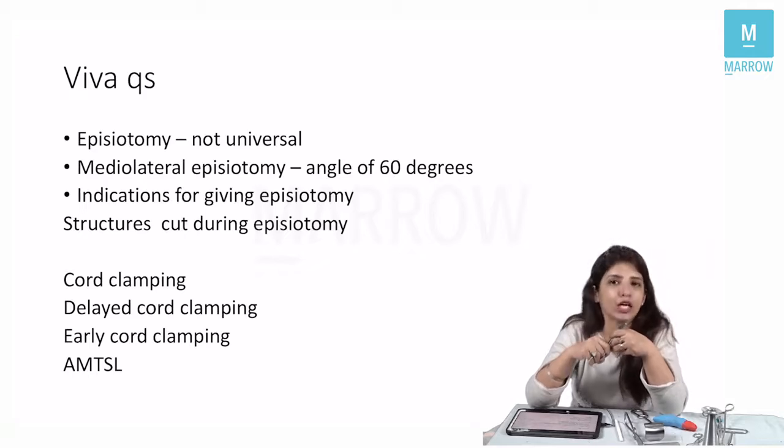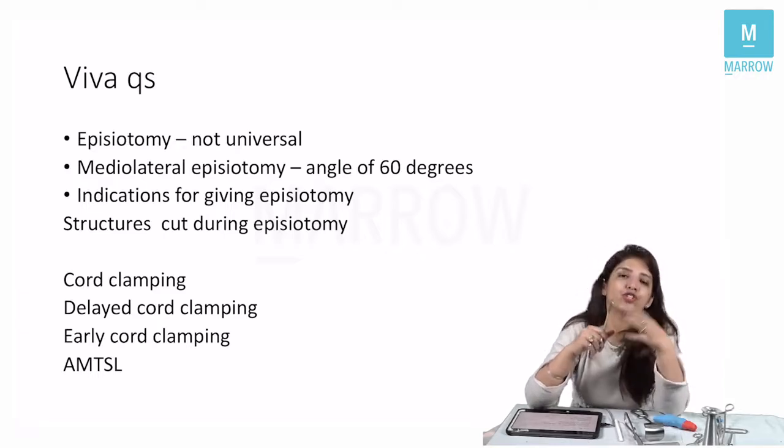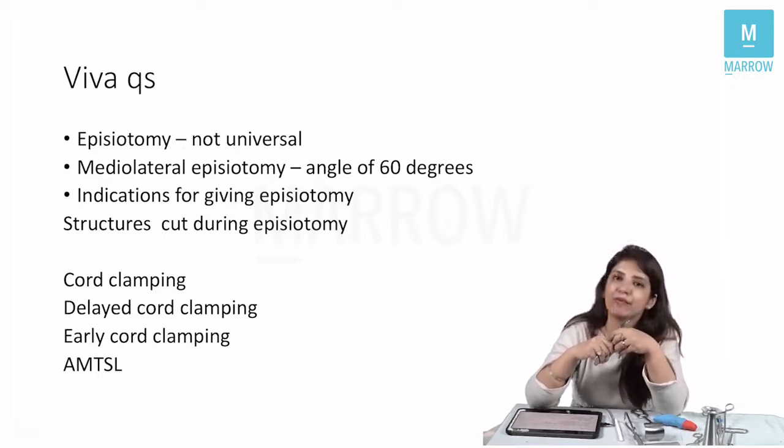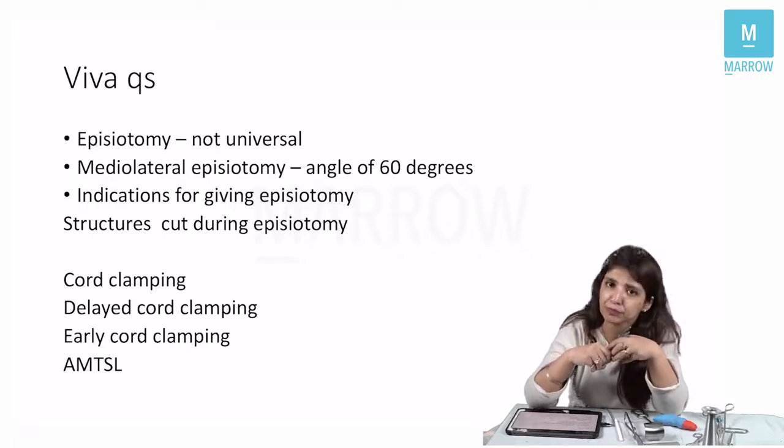So what are the indications for giving episiotomy? Indications for giving episiotomy are when shoulder dystocia has occurred, or when there is a macrosomic baby, or when there is after-coming head of breech, right? Or if there is a face to pubes delivery, or if it is a rigid perineum, like in case of primigravida females, and you anticipate that a perineal tear may happen, right?